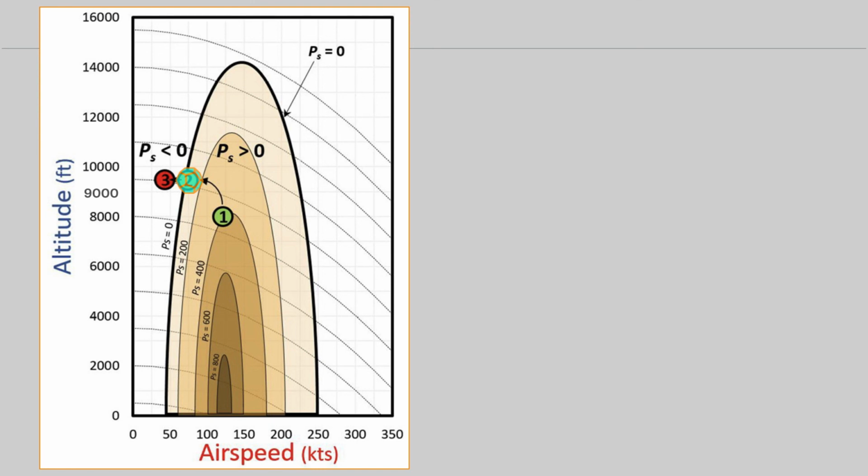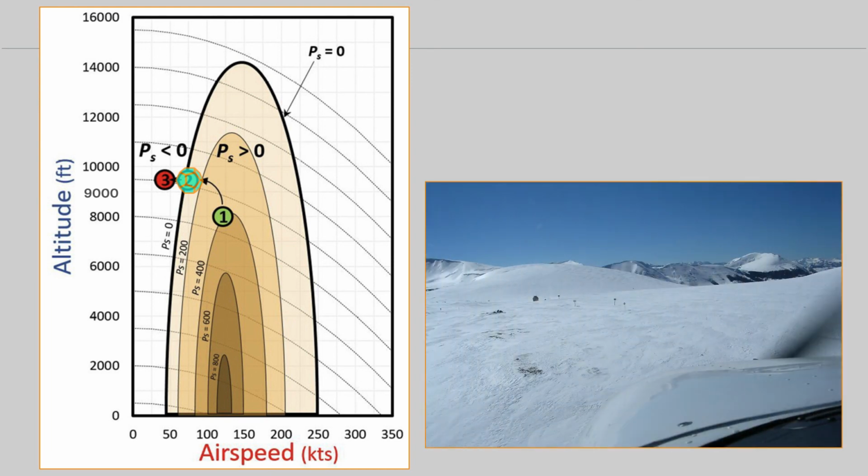The terrain below continues to rise up and efforts to climb further are not possible as there is no excess power available. Efforts to try and climb by increasing the angle of attack only serve to further slow the airplane to position 3 where the stall horn sounds. The pilot is now faced with a very difficult situation, finding themselves in a near stalled condition and relatively low to the ground. How should you respond?